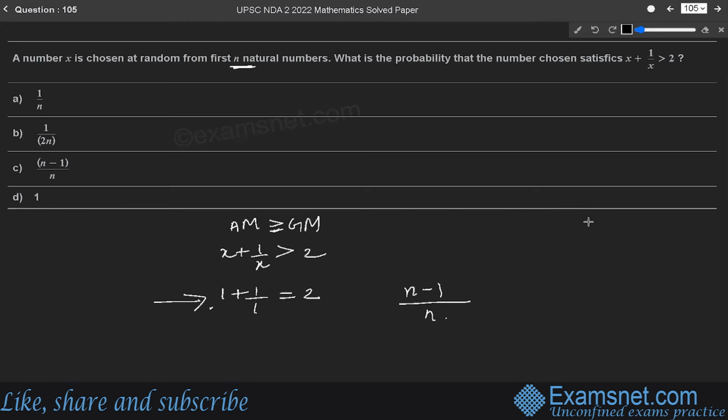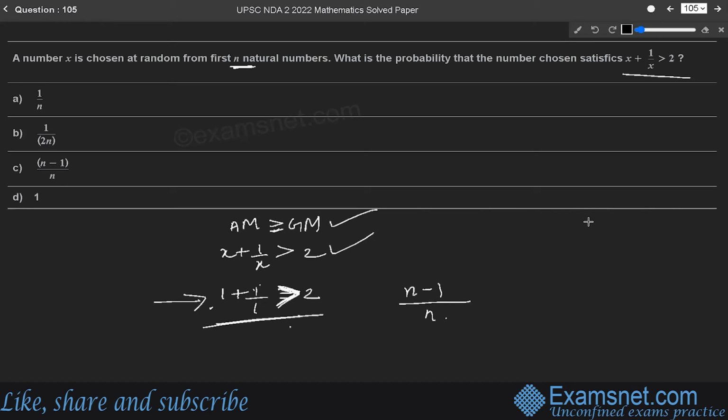What we have done is, first we looked at the concept, and according to the concept, there is no equal to sign in the question, only a greater than sign. Only x equal to 1 gives 1 plus 1 by 1 equal to 2, not greater than 2. Only this number fails the given expression.